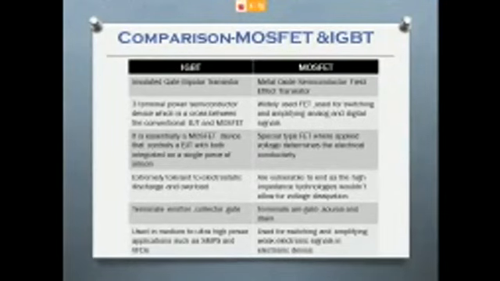And MOSFET is basically a field effect transistor used for switching and amplifying AC and DC signals. IGBT is a MOSFET and a BJT both integrated into a single piece of silicon. And MOSFET is a special type of FET which determines the electric conductivity by the applied voltage.